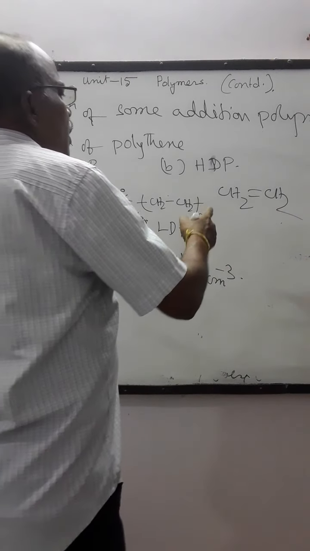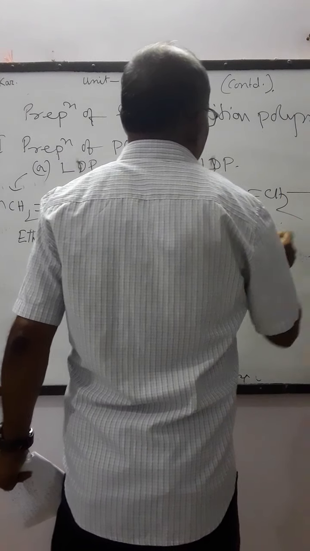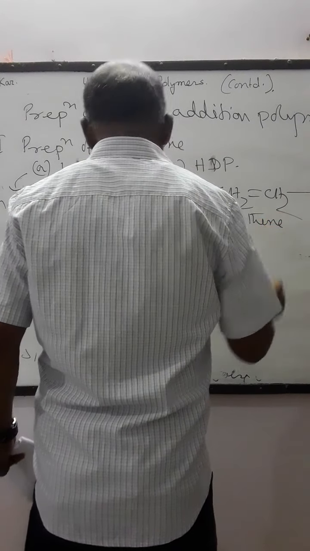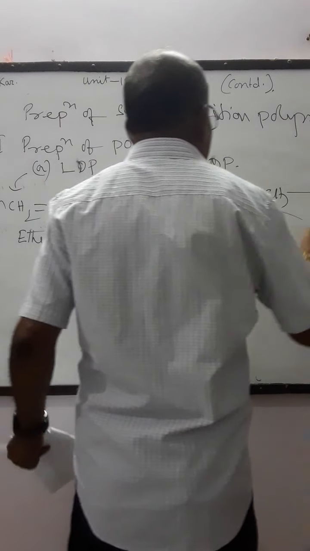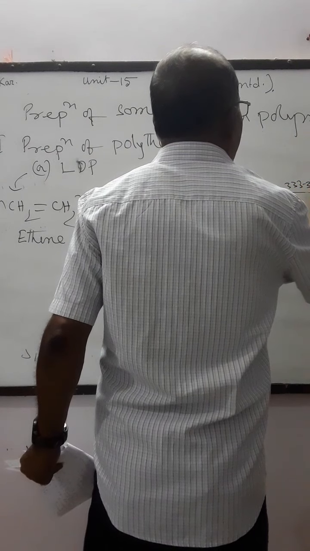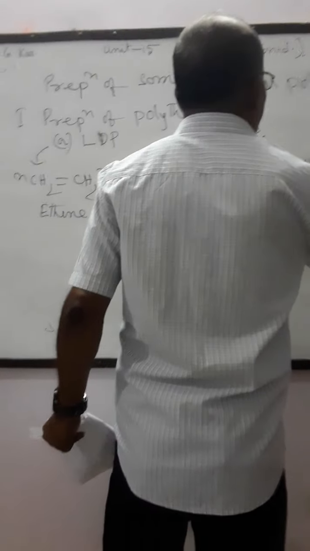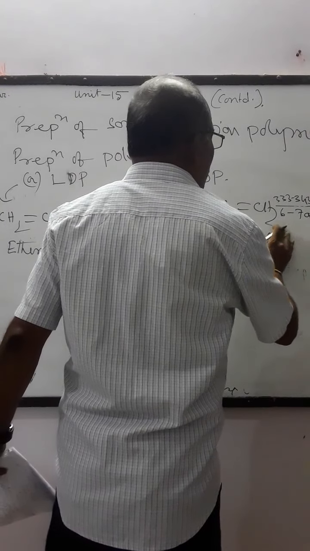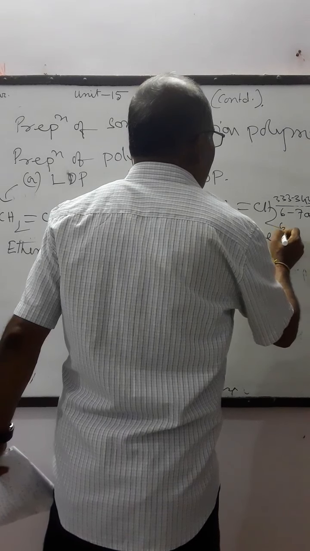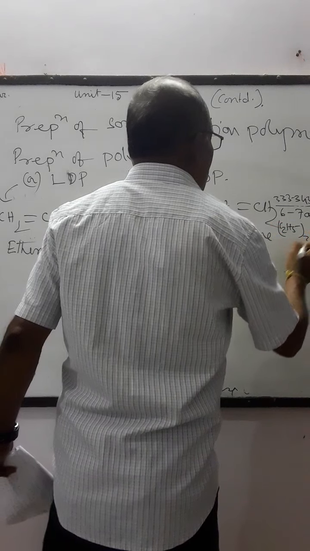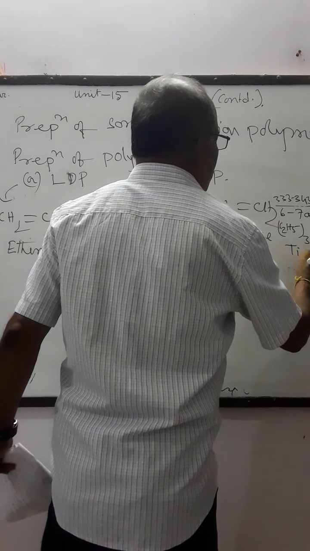In the case of high density polythene, again the monomer is ethene, but the conditions are different. Here a temperature between 333 and 343 Kelvin is used under 6 to 7 atm pressure, in the presence of two important catalysts: one is triethyl aluminum, and the other is titanium tetrachloride.